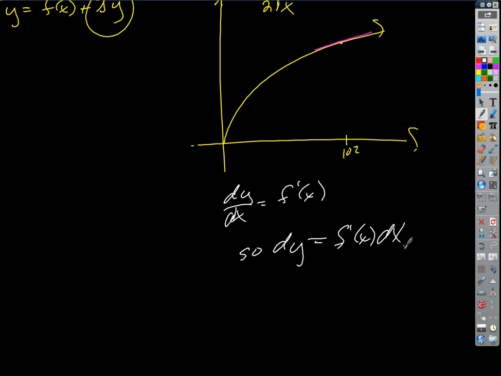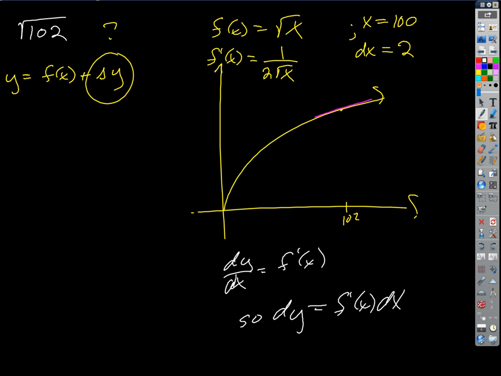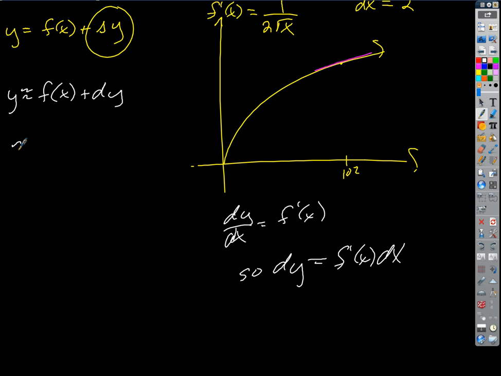Good. So we could say y is approximately equal to f of x plus dy, and that's going to give us f of x plus f prime of x dx, and we can just plug in the numbers. So we're going to get the square root of 100 plus, well, I'm going to do one more line, because we went through the hassle of calculating f prime.